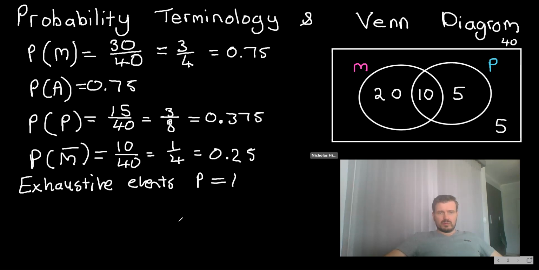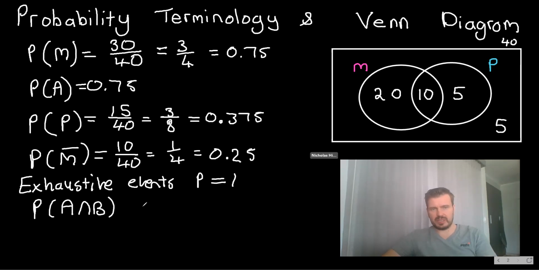Then we can look at, so now we know what this means, not M. Now you might see this, probability of A and B, which could be, in this case, P of M and P. So what does that mean? Let's say, well, first of all, let's say what that means.